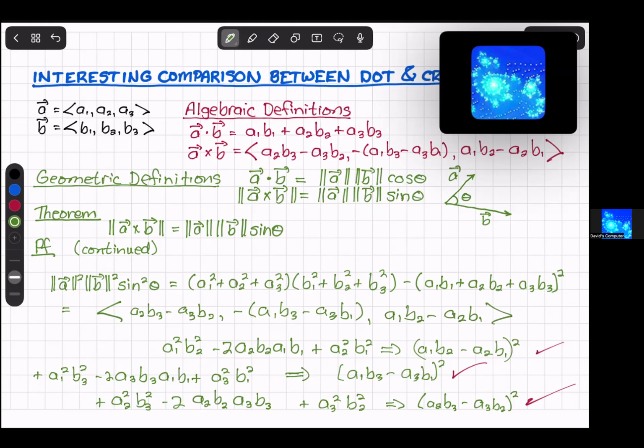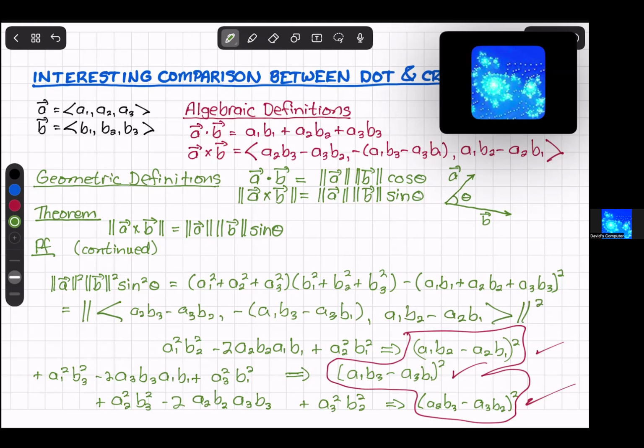So these three expressions are exactly what I would get if someone asked me to take the magnitude of this vector.